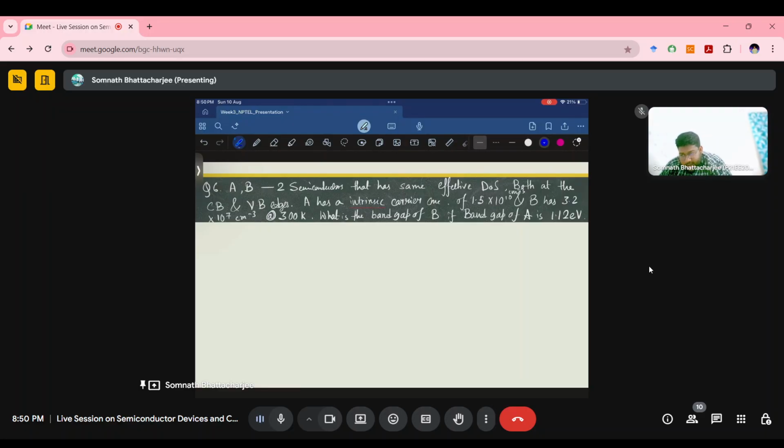So what we have here is the band gap, that is Eg of A, which is 1.12 eV, and we have the intrinsic carrier concentration, that is Ni of A, that is 1.5 × 10^10 cm^-3, and Ni of B, that is 3.2 × 10^7 cm^-3. Now we have to find out the value of Eg of B.